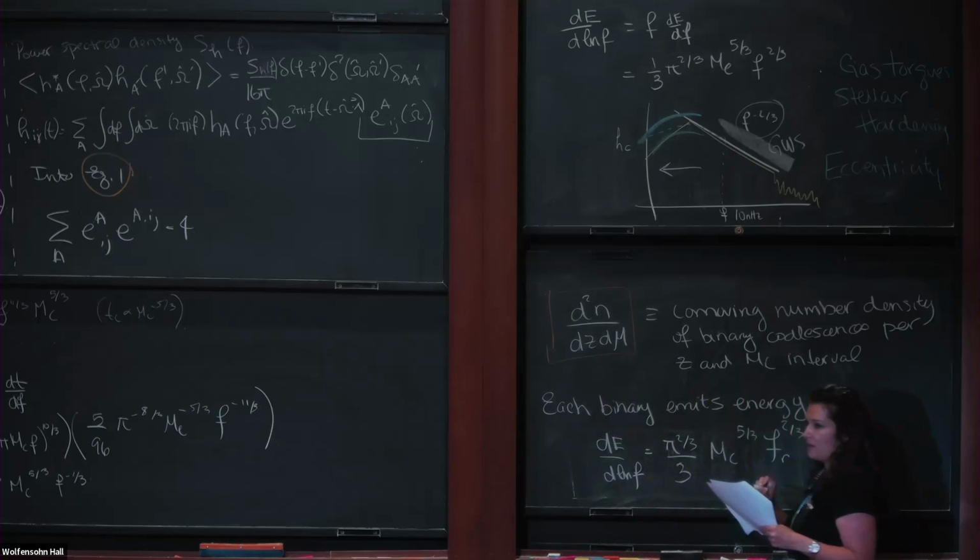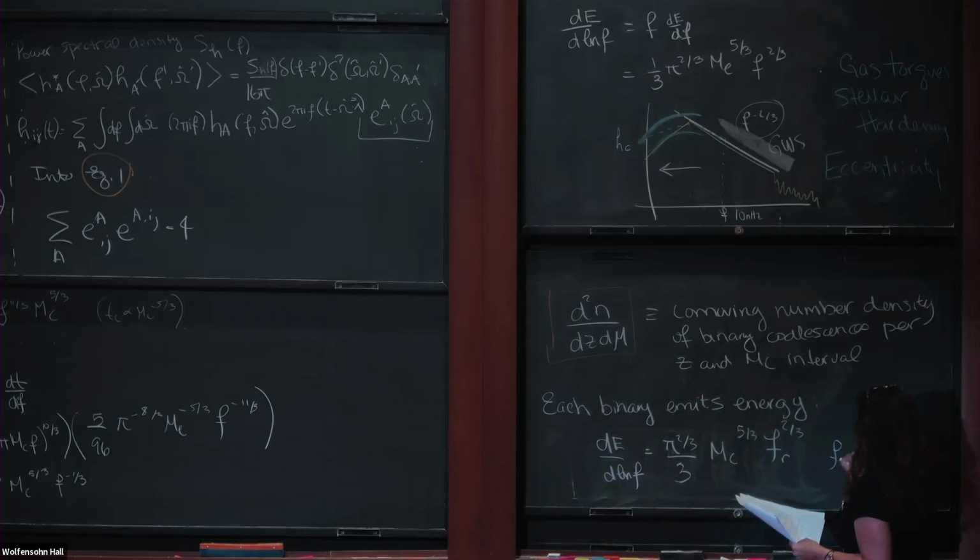But now this little sub r tells me that that's in the rest frame. And f_r is f times 1 plus z.